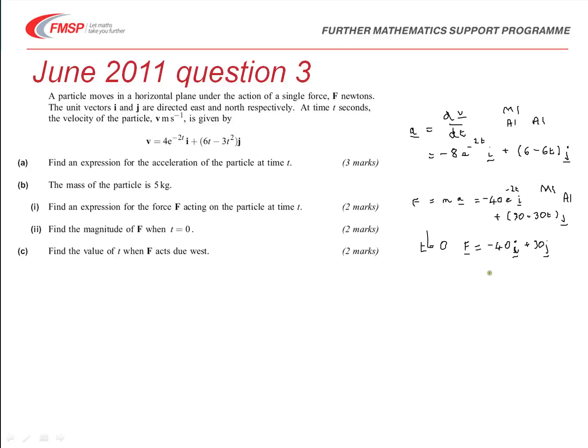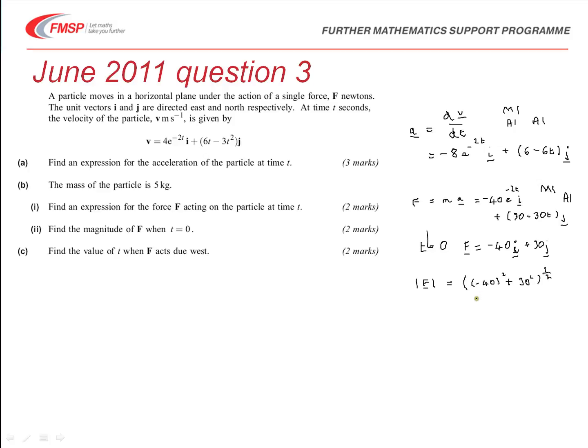Now that's the force itself, so now we want the magnitude of that force. Parallel lines means magnitude, or we could just write a letter F not underlined as a vector. What we have to do is take each component: minus 40 squared plus 30 squared, and then square root that answer.